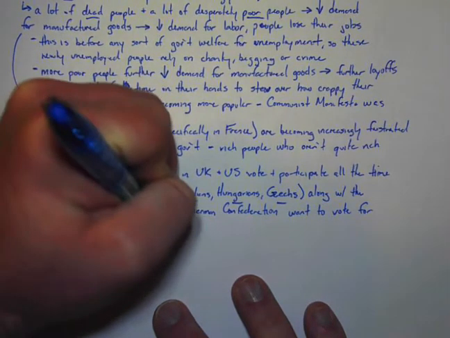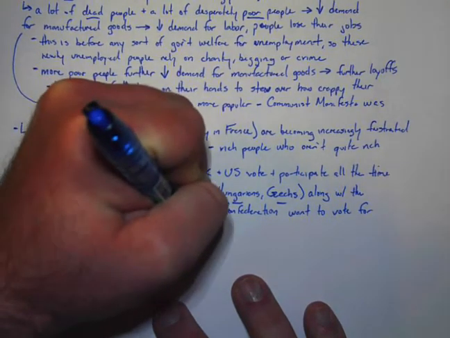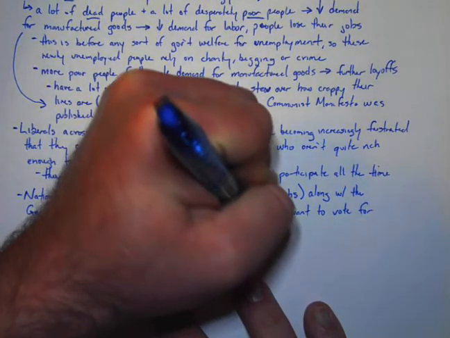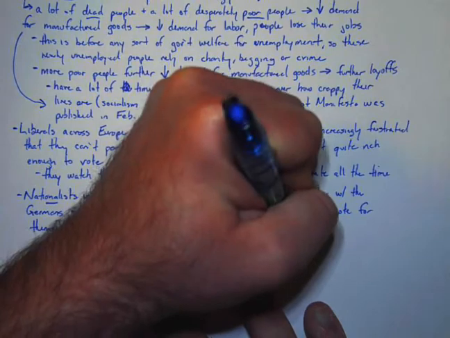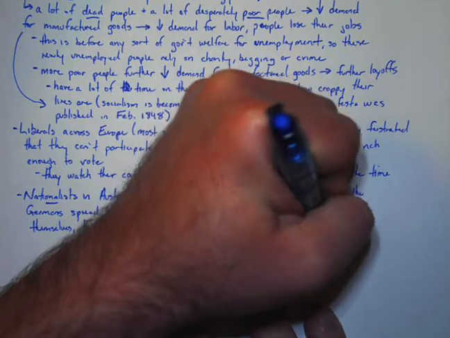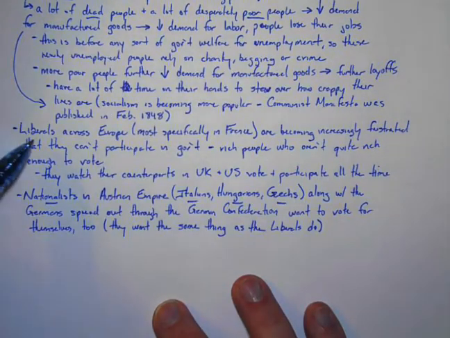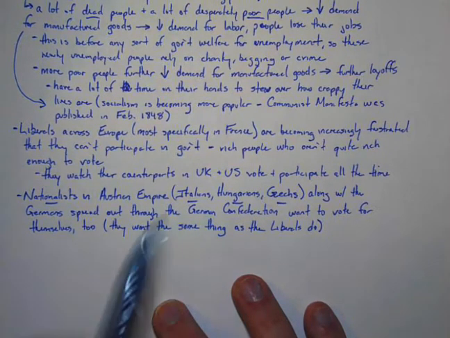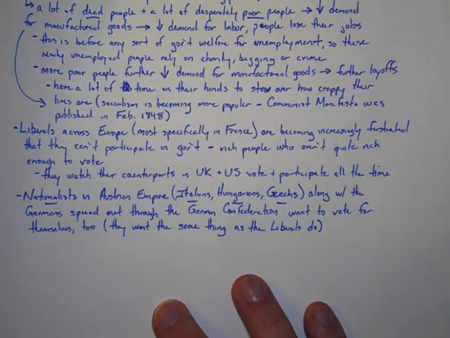They want the same thing as the liberals do. So being a liberal in France was more or less the same thing as being a nationalist in Italy. You wanted the right to vote for yourself. You wanted a say in government.